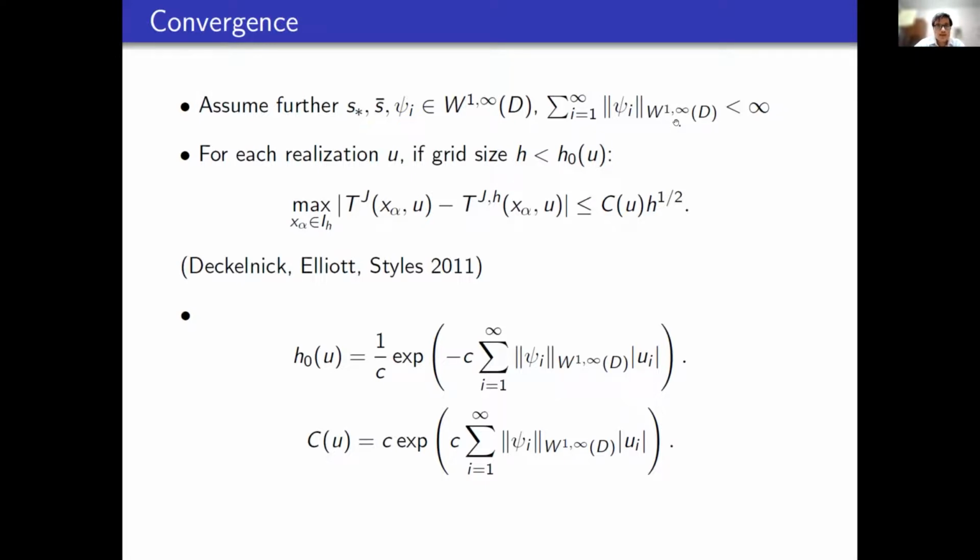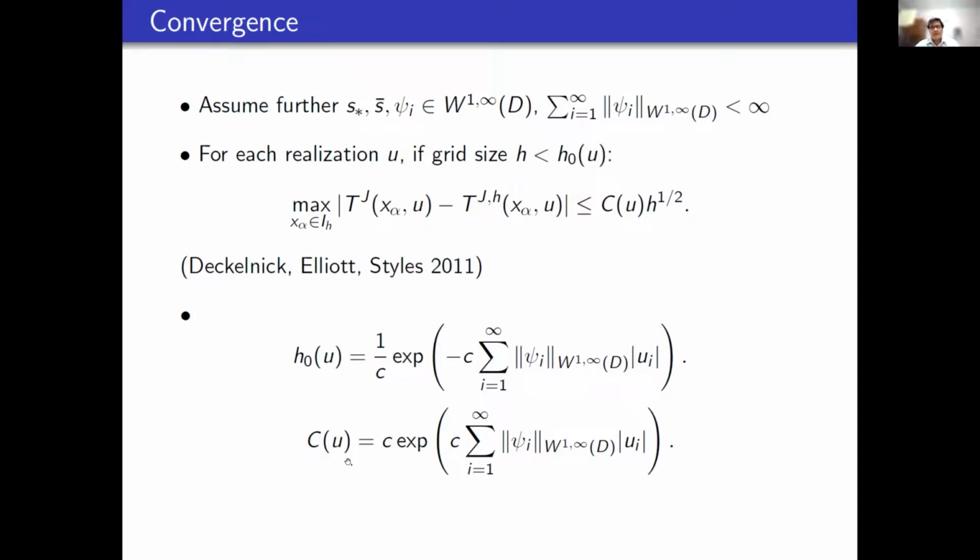Now, the rate of convergence for the fast marching method is big O of h raised to the power 1/2. But this rate for each sample u only holds when the mesh size h is less than about h_0(u). And the C_u here also depends on u. And we can show that the h_0(u) is of this form: e raised to the minus positive c times the sum, and this is the big C_u.